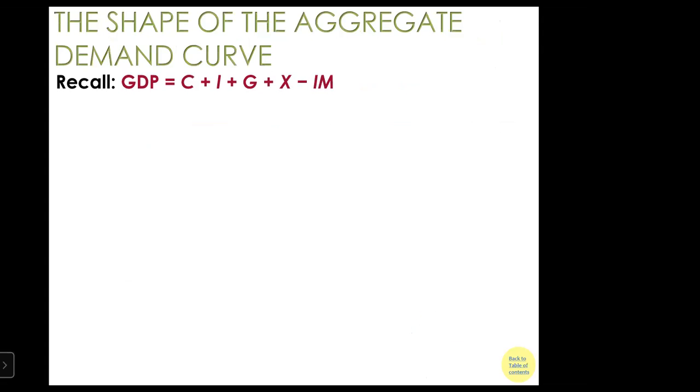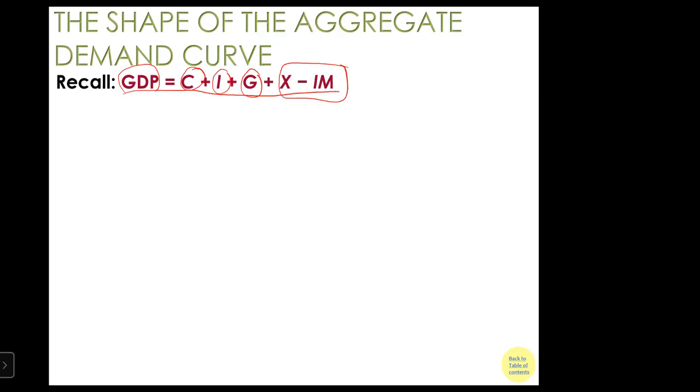Now let's see how we get this aggregate demand curve. So we start with this equation because we look at demand, so we look at expenditure, right? This is how we can calculate GDP by looking at the expenditure, or by focusing on the demand side, right? This includes consumption, investment, government spending, and then net export.